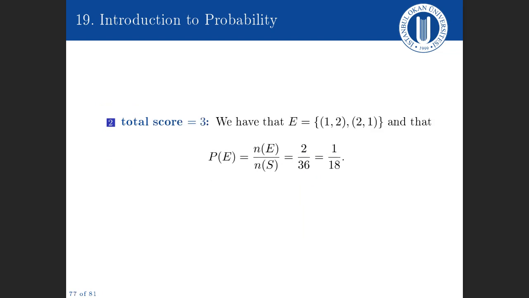Question 2. What is the probability of getting a total score of 3? Our event contains 2 objects, so we're going to do 2 divided by 36.